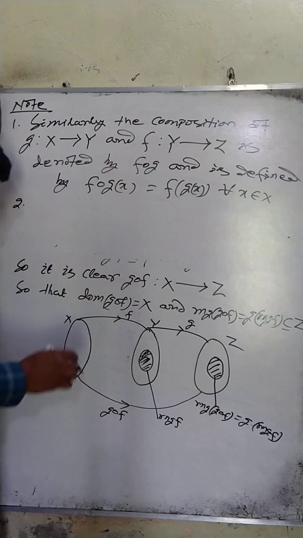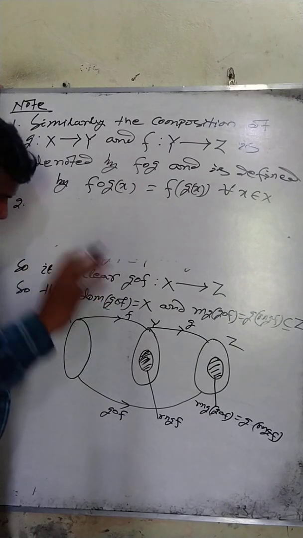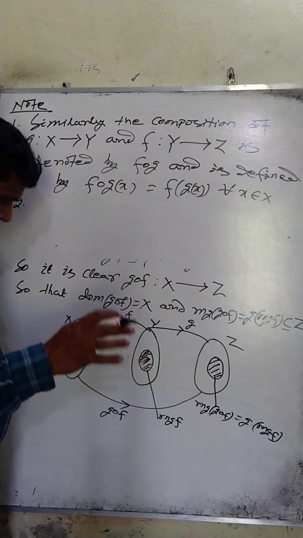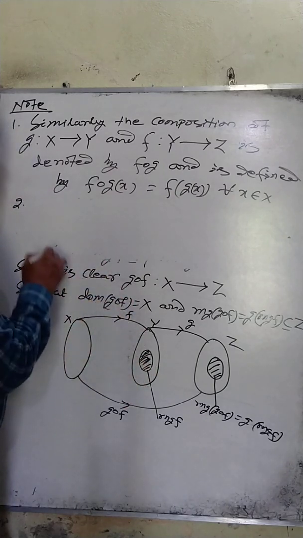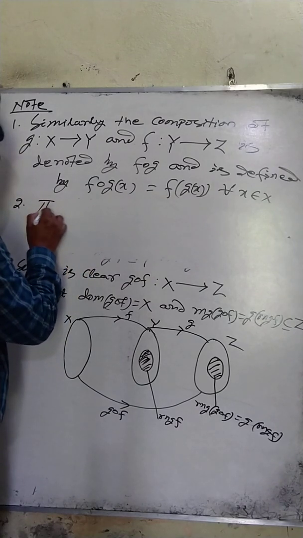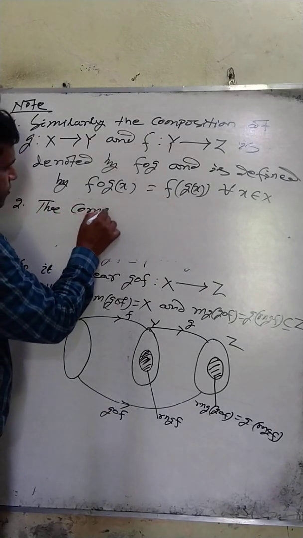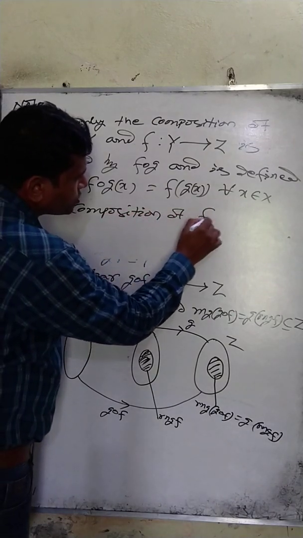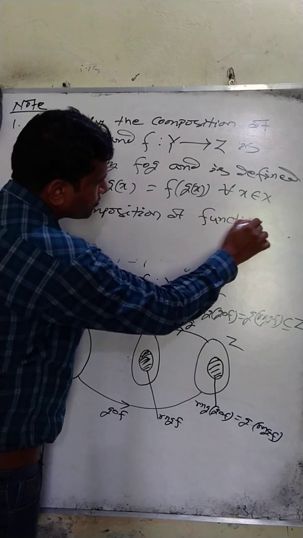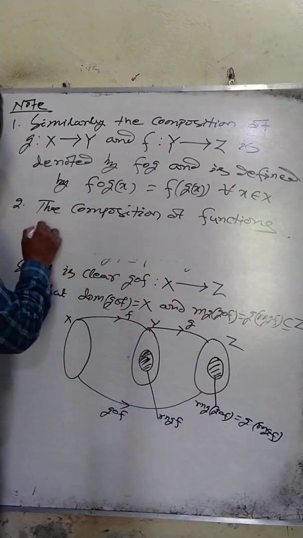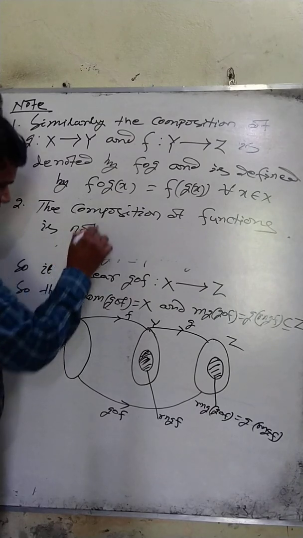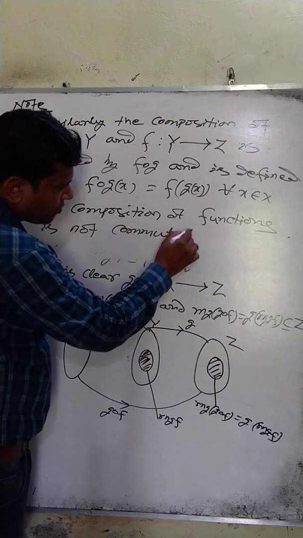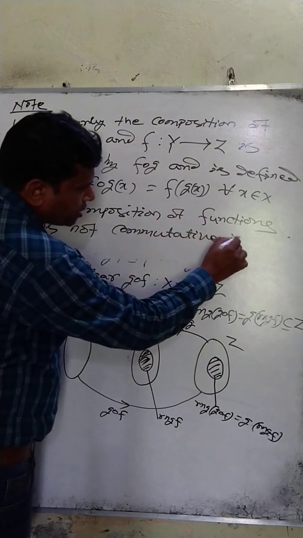Number 2, the composition of functions is not commutative in general.